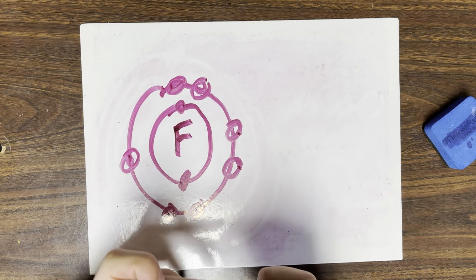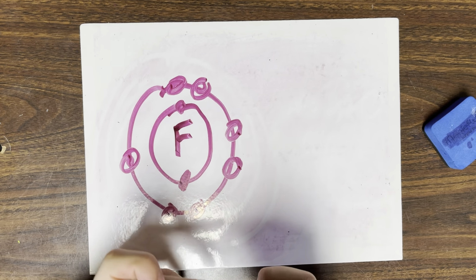But even though it is in the same family as fluorine, something like iodine, which only needs one more to complete its shell, will not have as high an electronegativity number as its cousin up above on the table.